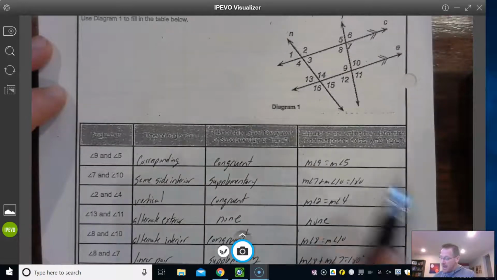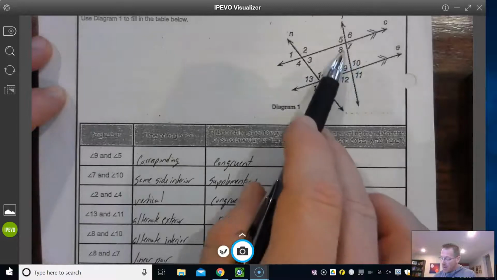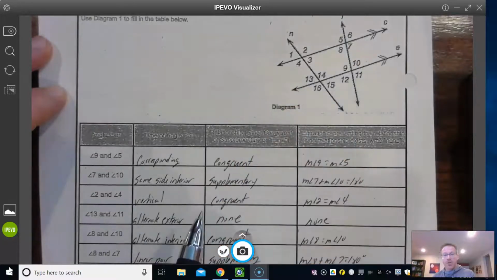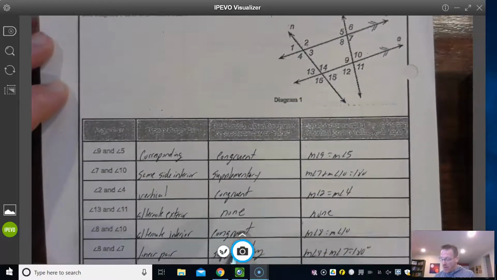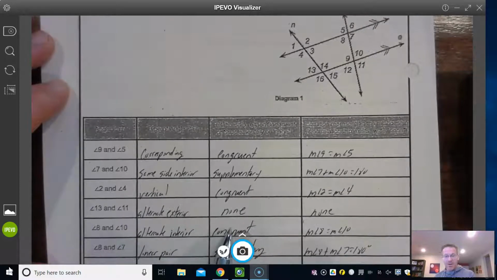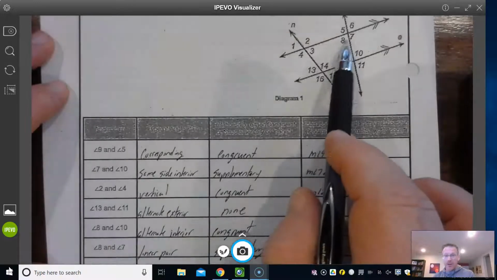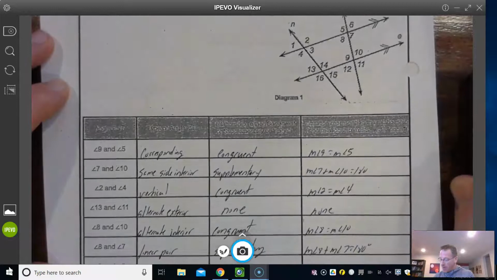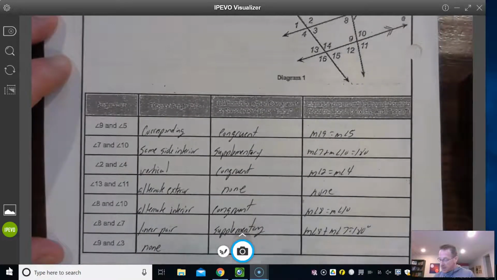8 and 10 are alternate interior angles, and they are on a transversal that intersects our parallel lines, so alternate interior angles are congruent and those measures would be equal to each other. 8 and 7 are a linear pair, and all linear pairs are supplementary, so those two measures would equal 180 degrees.